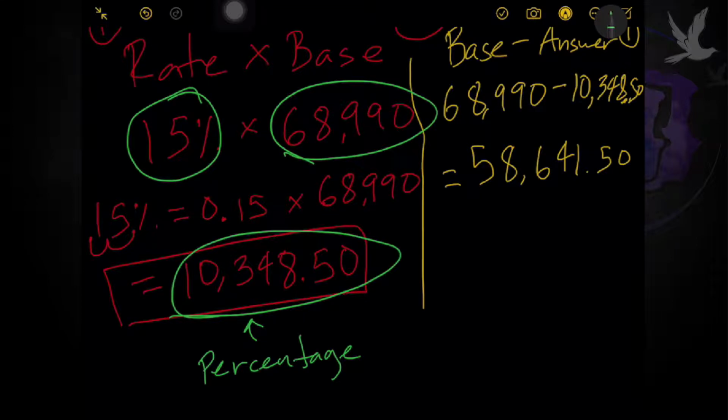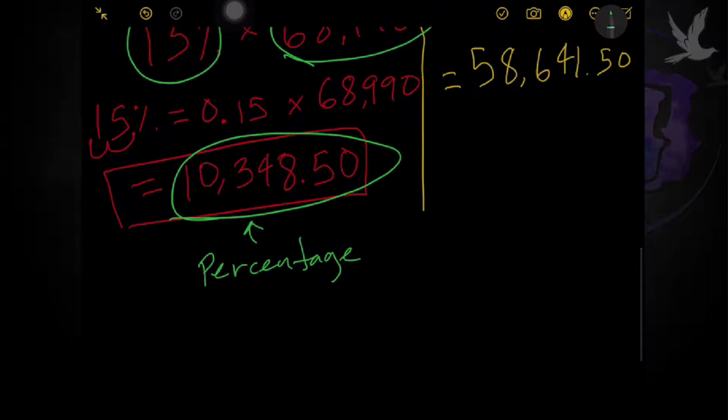Okay? That's the discount. Yan ang basically how much they are going to remove from the original price. This is basically the discount. Okay? How much is going to be removed from the original price.